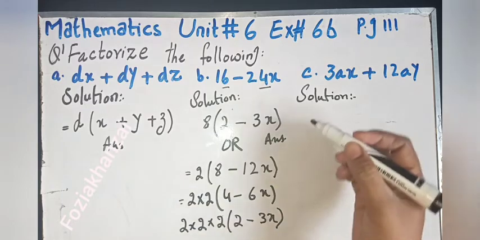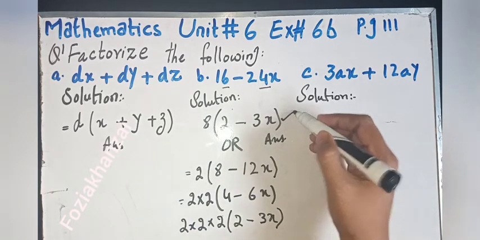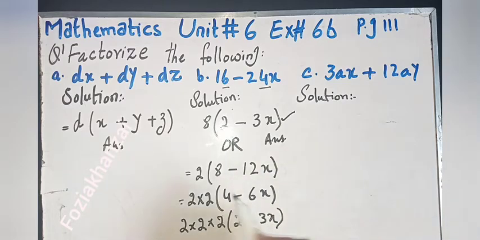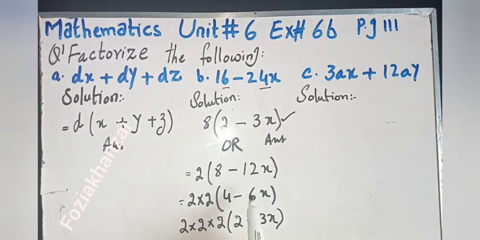So it's a direct method, or this second one, we solve step by step. First common 2, so 2 eights are 16, 2 twelves are 24. Again we have common 2 in this bracket, so 2 fours are 8, 2 sixes are 12. Again we check if both are even numbers, common is 2, we take out common 2, so 2 twos are 4, 2 threes are 6.